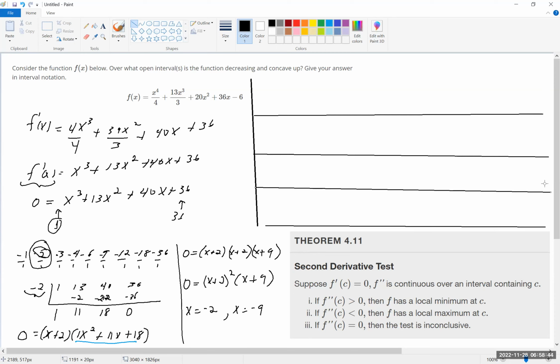There's one more piece that we need, however. So let me go ahead and make some space by removing our work at the bottom, because now we need to take the second derivative.